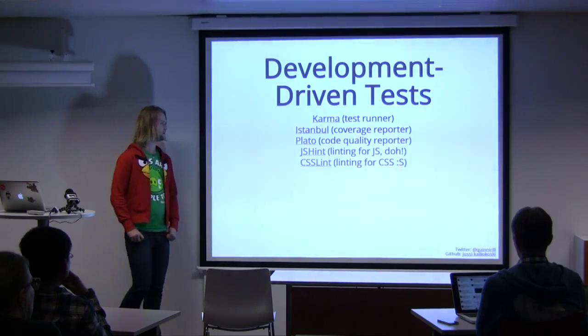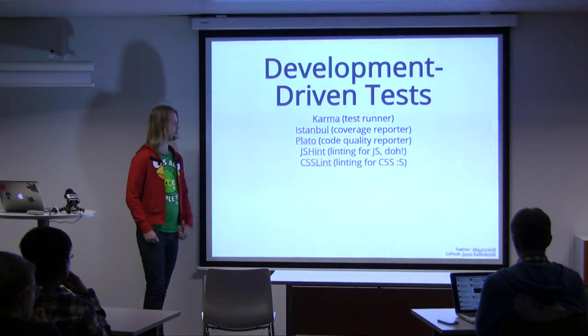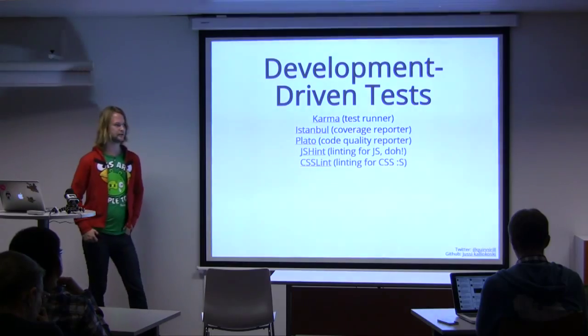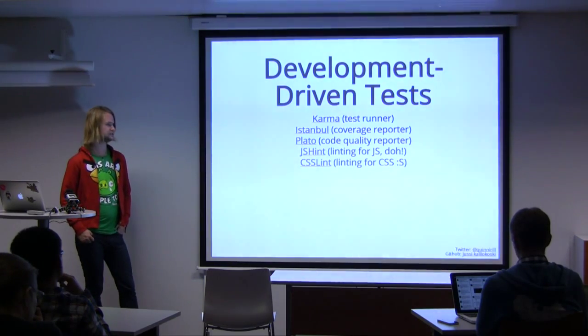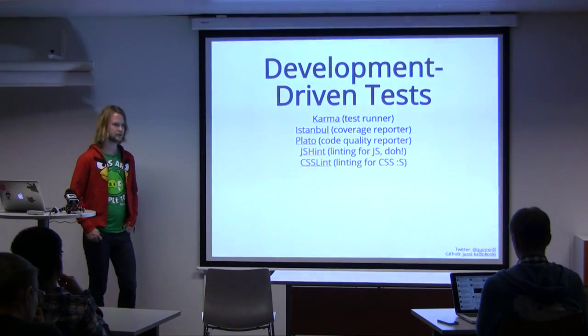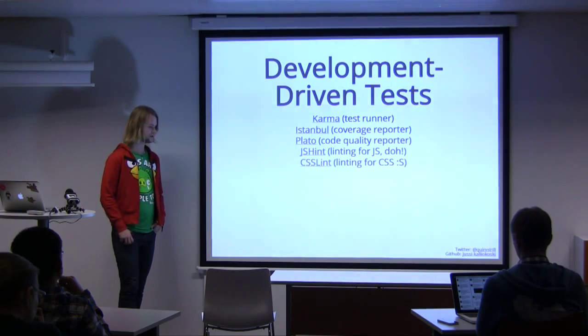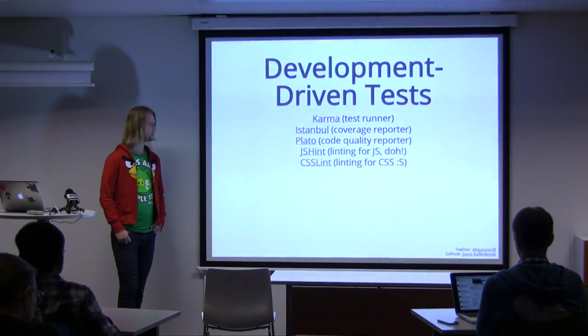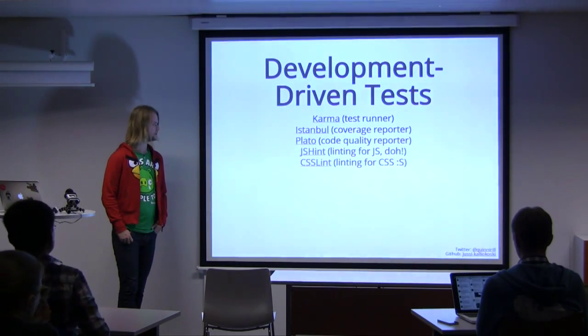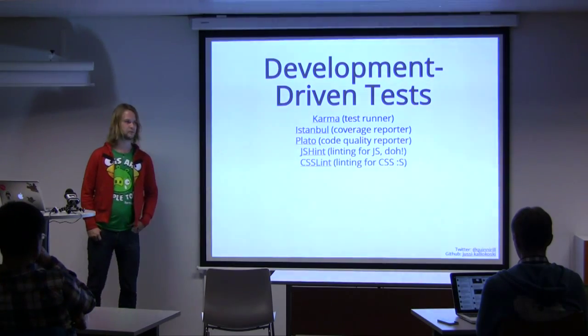It was initially developed for Angular.js, but I usually use it for every front-end test thing I do, so that's a good tool. Istanbul works with Karma pretty well. It's a code coverage tool, so you can see where your test coverage is weak and where to improve.